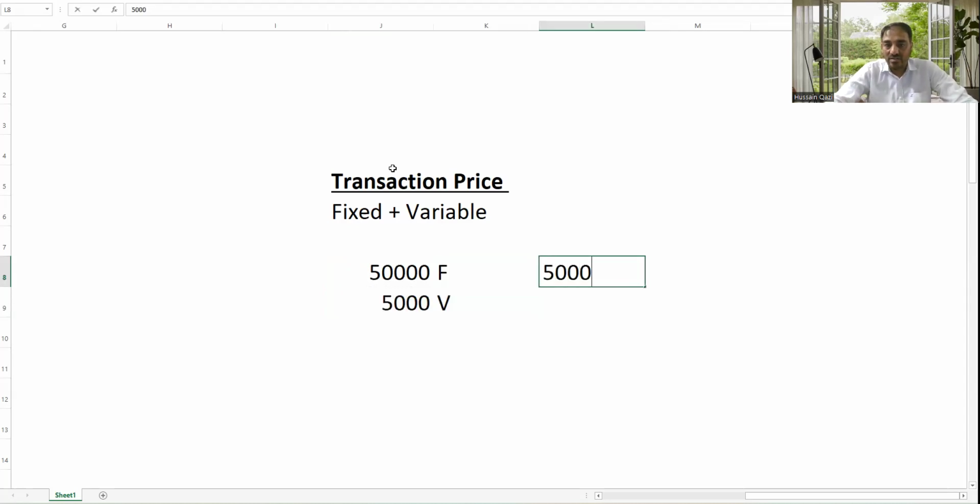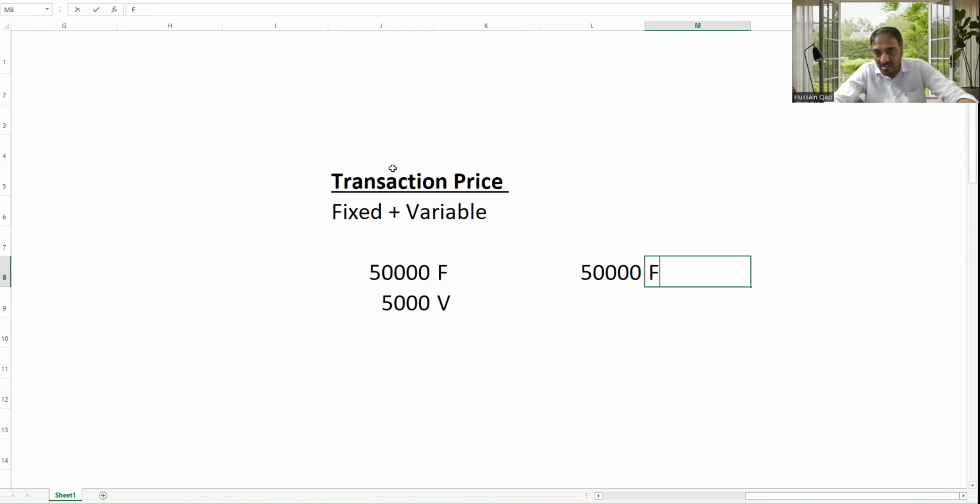Maybe the point is that 50,000 is fixed and the time period is 1 month, 30 days. The contract mentions that the seller will provide, for example, 100,000 units with a fixed price of $50,000 after 30 days.